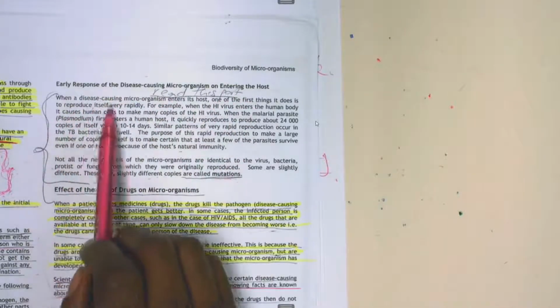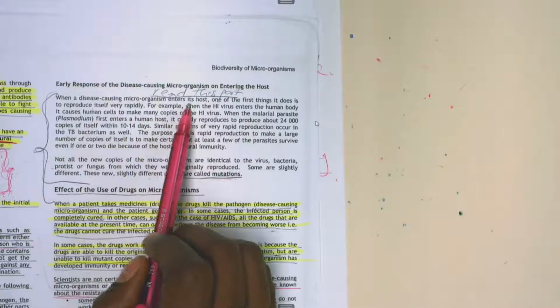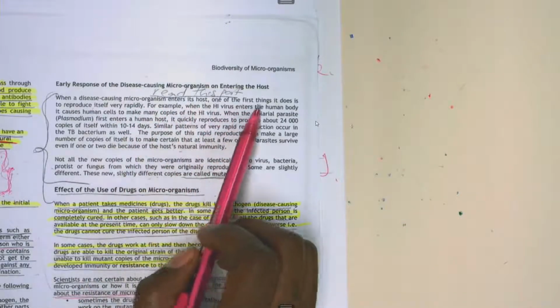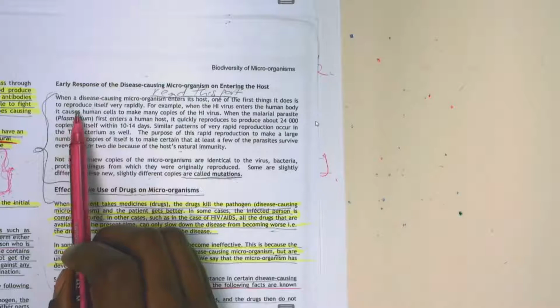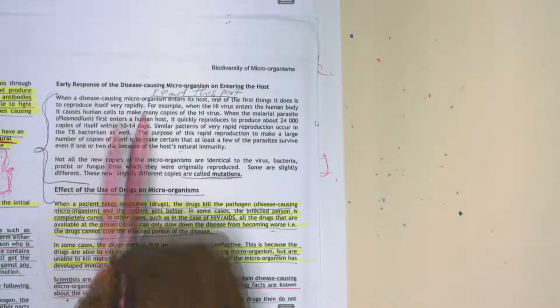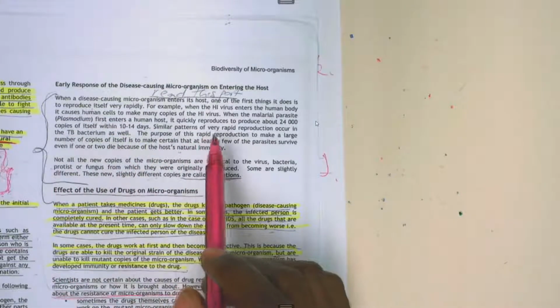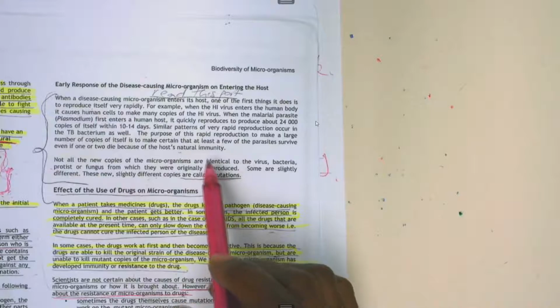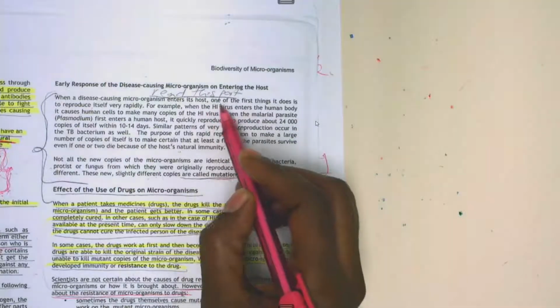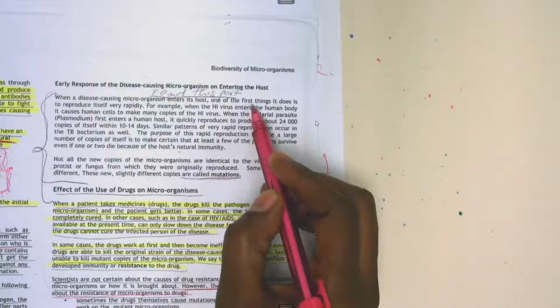When a disease-causing microorganism enters its host, one of the first things it does is to reproduce itself very rapidly. Let me take the COVID-19 virus as an example. The first thing it does after entering the human body is reproduce itself very rapidly.